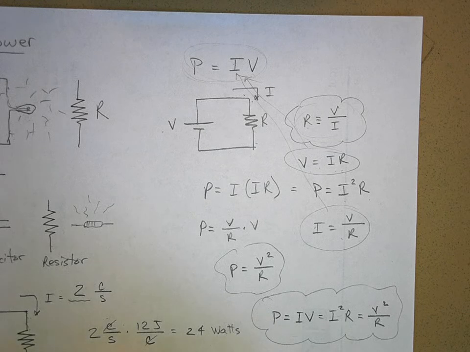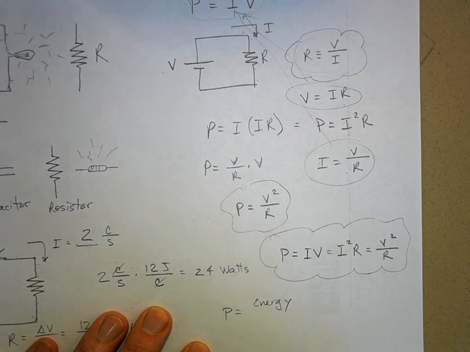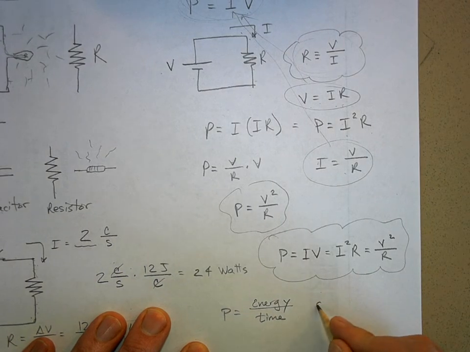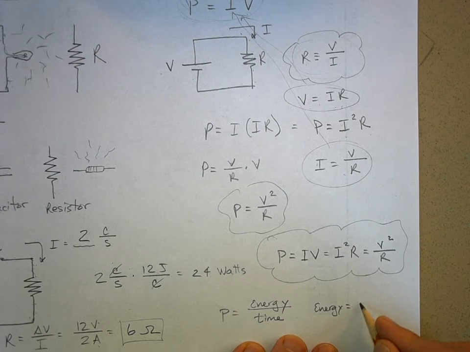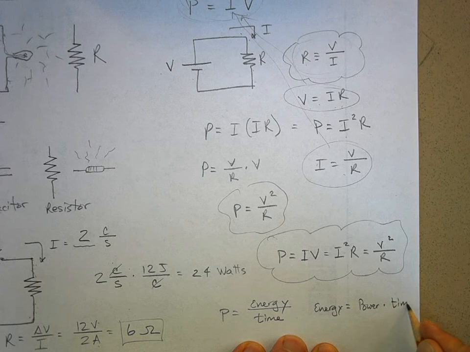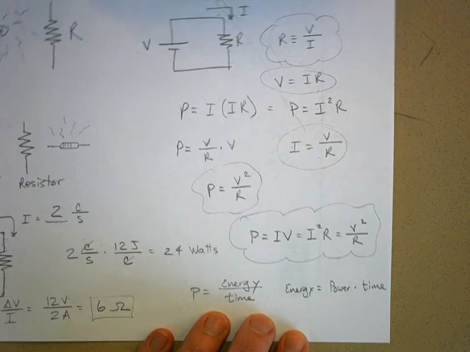We also know that power is the rate at which I use energy, so energy over time. So energy is equal to power times time. Anytime you multiply power times time, you've got a unit of energy.